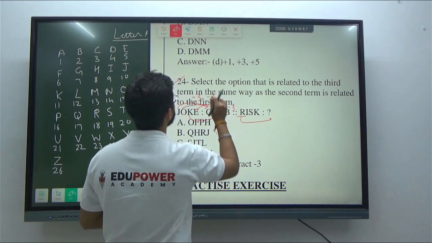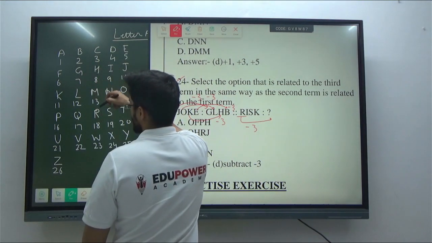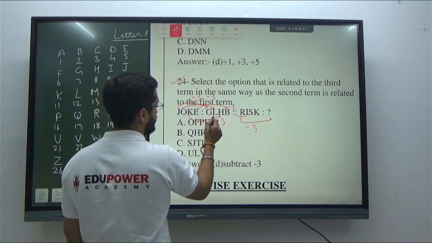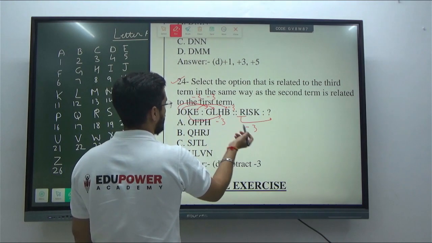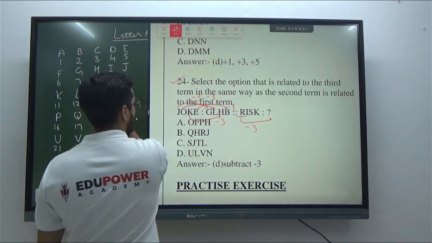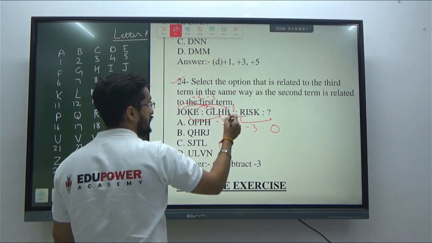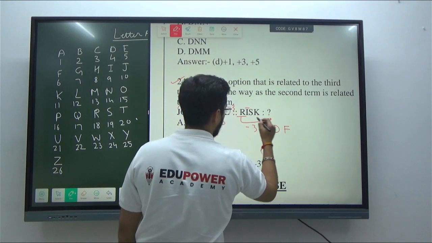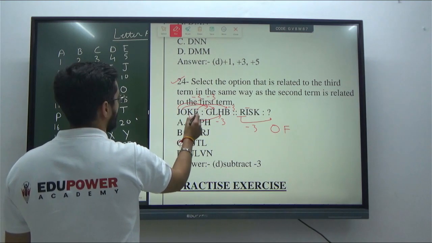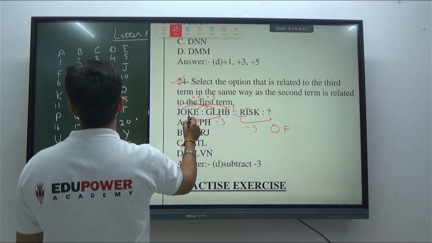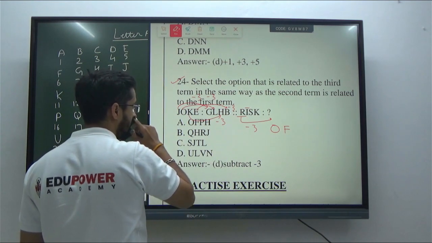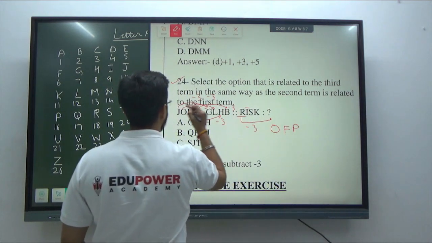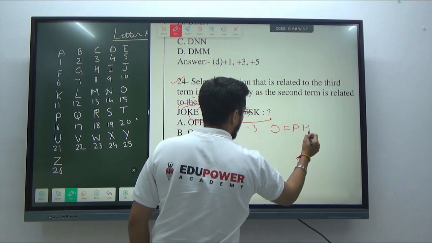From R we will do minus 3. R minus 3, 1 2 3, O. From I, minus 3, 1 2 3, F. From S, minus 3, 1 2 3, P. And from K, minus 3, 1 2 3, H. The answer is OFPH.